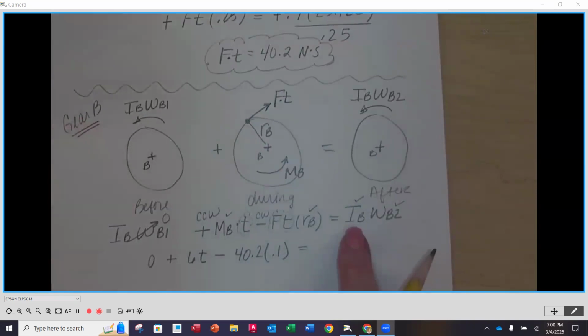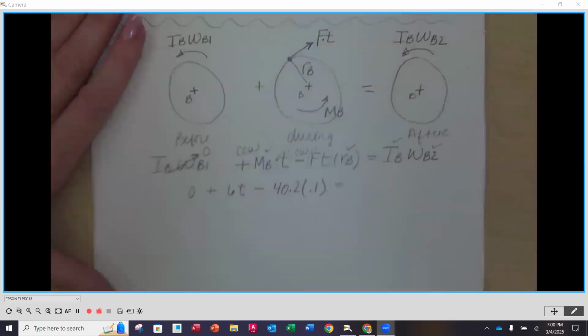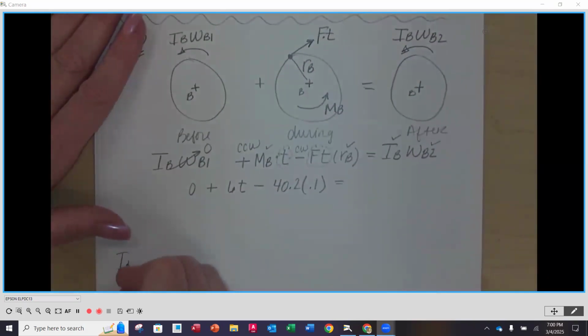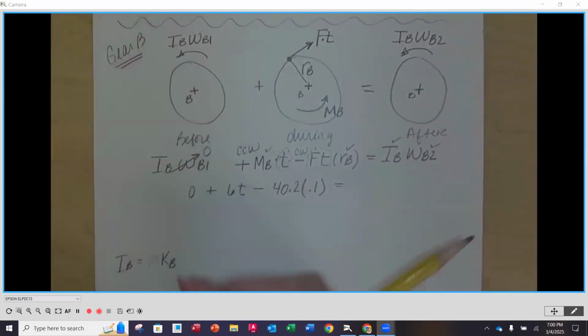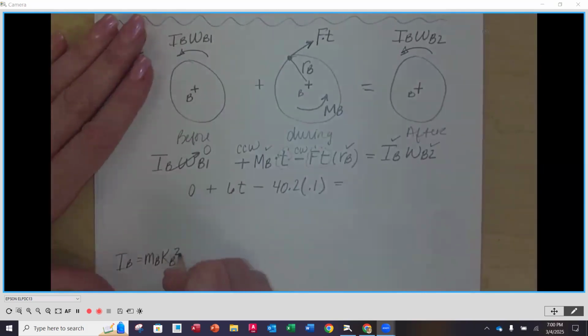Equal to the moment of inertia at B. We didn't calculate that yet. Oh, I forgot about that. So we need to calculate the moment of inertia at B, so we'll take a little bit of a detour here. IB is going to be equal to the mass of B times the radius of gyration of B squared.